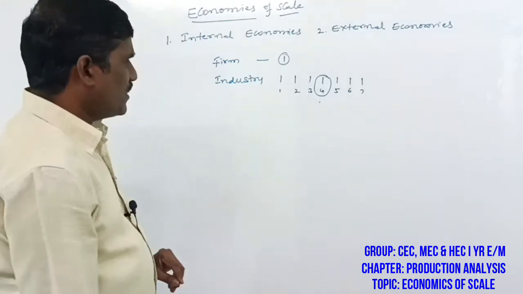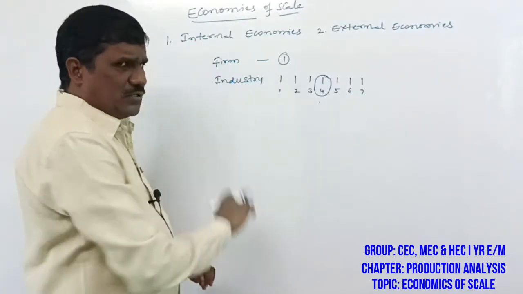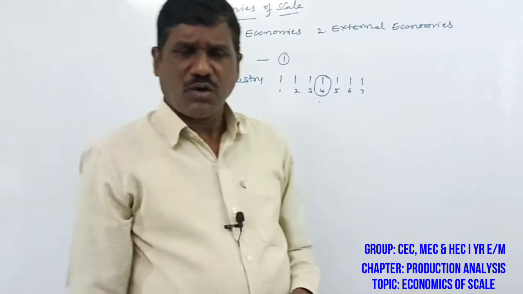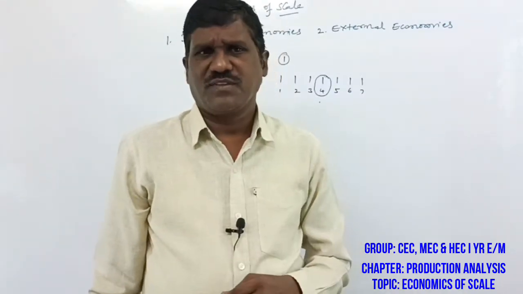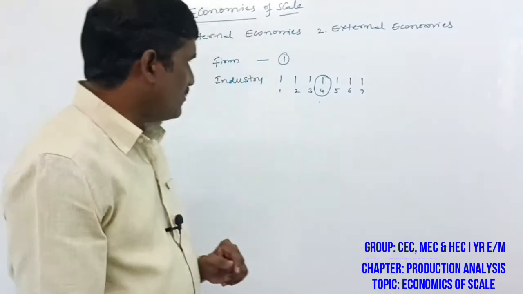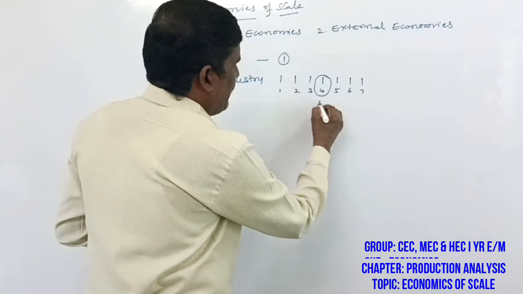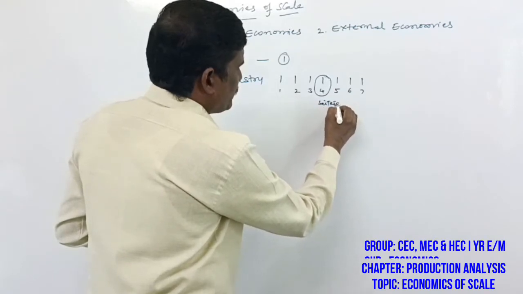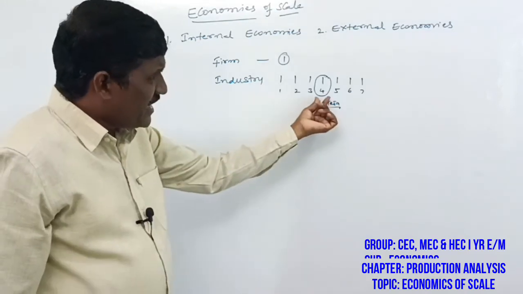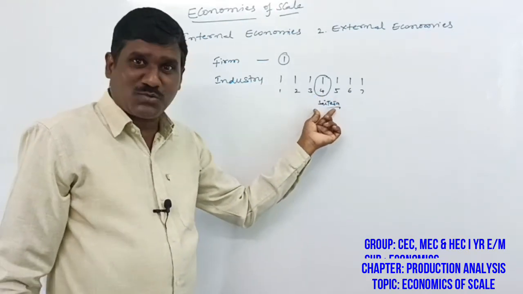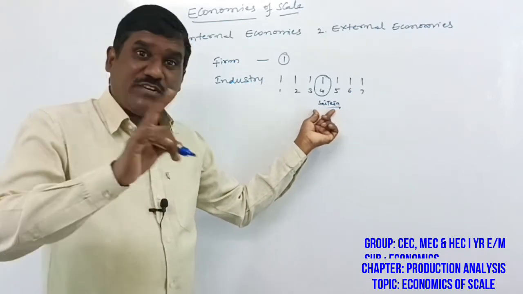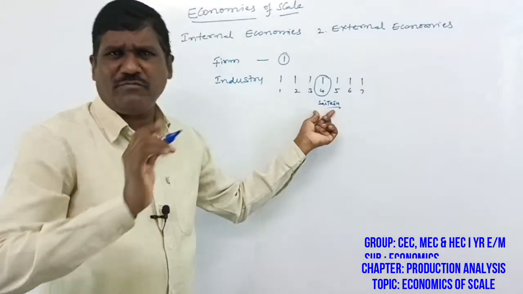For example, take a classroom where 7 students are there. The fourth one is Sai Teja. Sai Teja is getting more marks in the classroom. So who benefited? Only Sai Teja benefited.